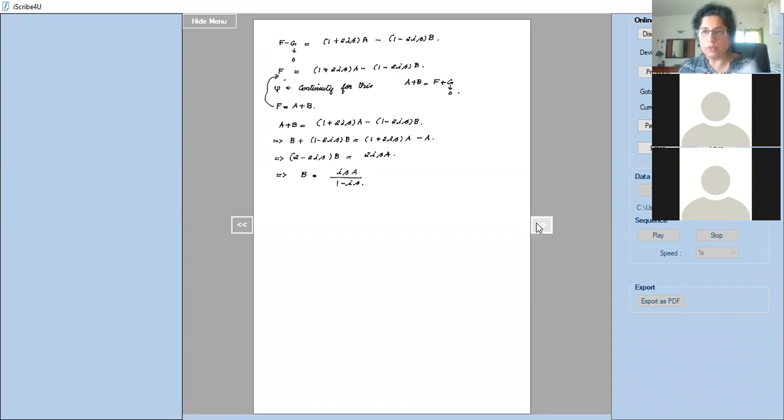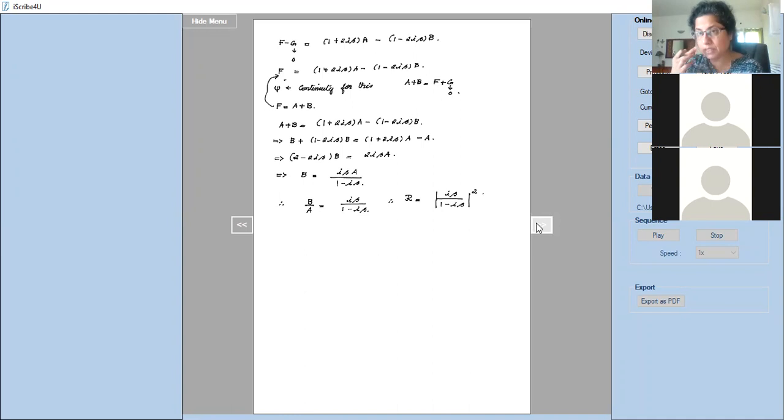So this is what you get. Therefore B by A is going to be iβ upon 1 minus iβ, and therefore your reflection will be equal to mod of iβ divided by 1 minus iβ, whole square. So this is your reflection coefficient.